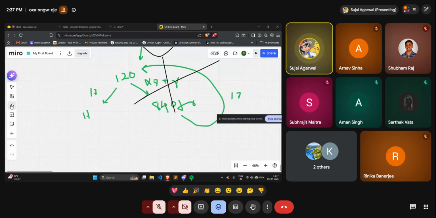What if we can divide it again, or check if we can multiply it or not? So there are two cases. If we can multiply it by 7, 17 into 7 would give me, I guess, 119, plus some remainder. That remainder can be between 0 to 6.